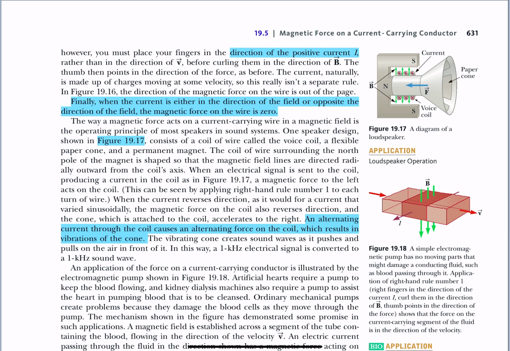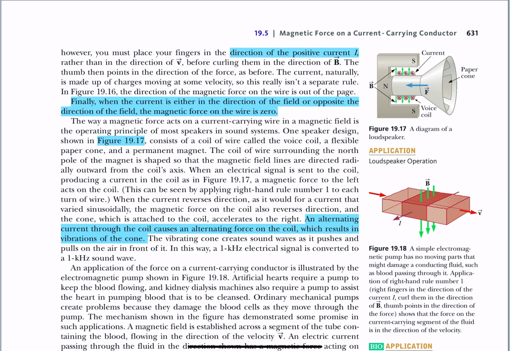So what you have here are three loops of a coil or solenoid that's wrapped around the cylinder part of the gray paper cone. In each case, the wire is going into the page below the cylinder and out of the page towards you above the cylinder.